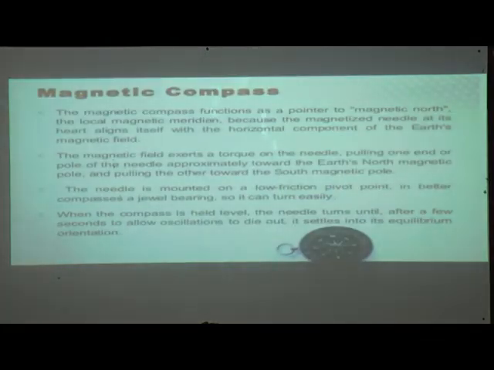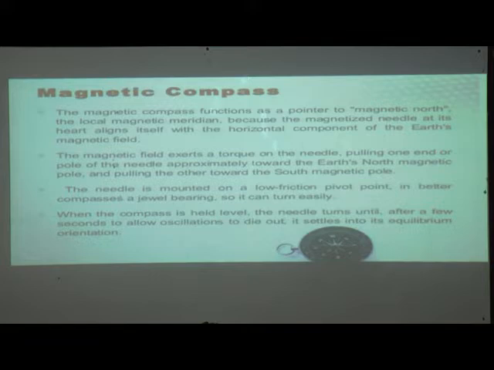Now, some facts are given here about this magnetic compass. The magnetic compass functions as a pointer to magnetic north, the local magnetic meridian, because the magnetized needle at its heart aligns itself with the horizontal component of Earth's magnetic field.